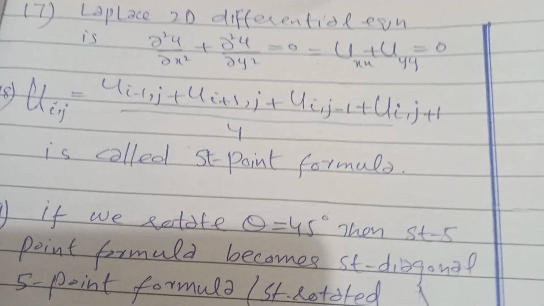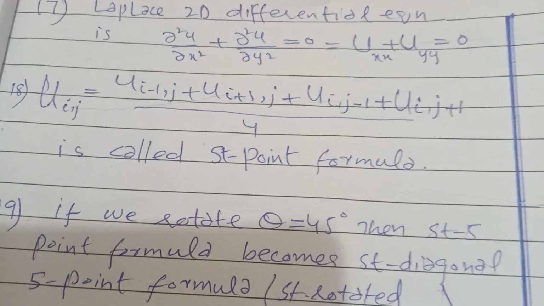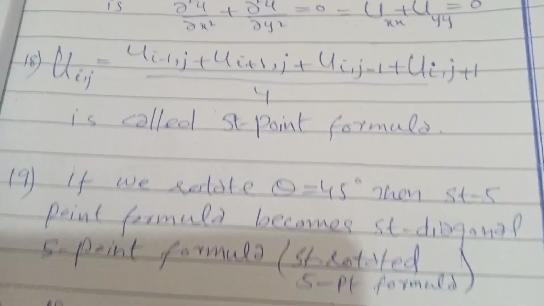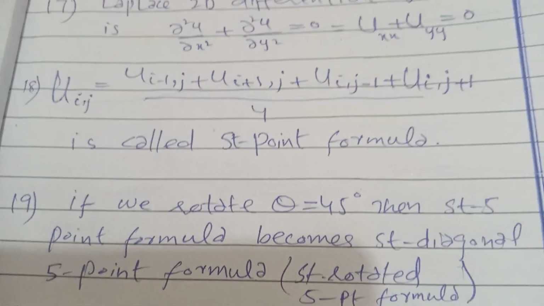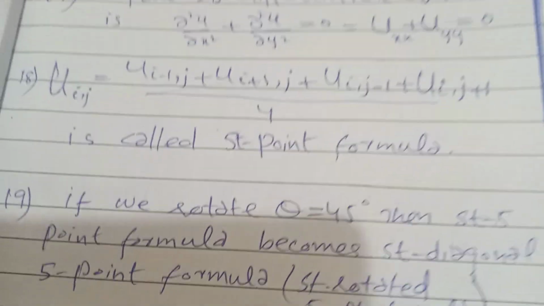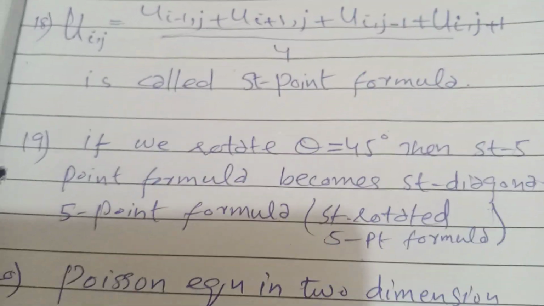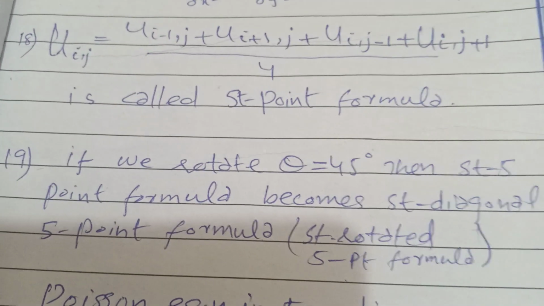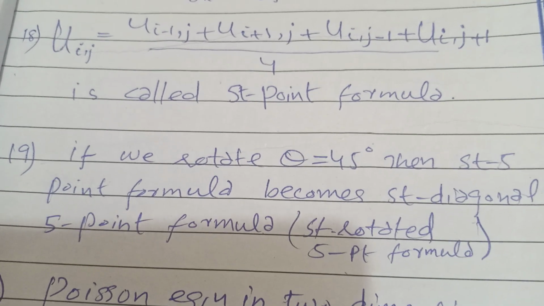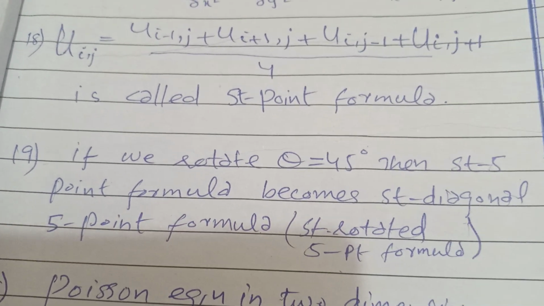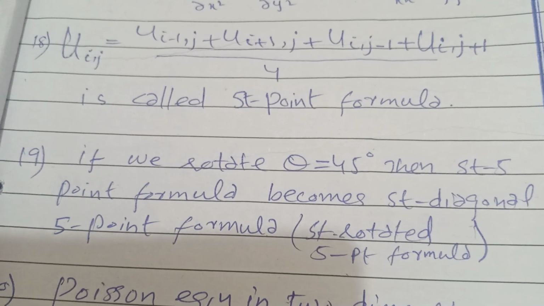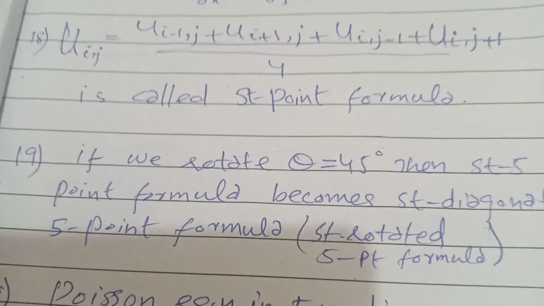Number next is, the Laplace second degree differential equation is partial square u by partial x square plus partial square u by partial y square equal to 0. It can also be written as u_xx plus u_yy equal to 0. Now u(i, j) equal to u(i-1, j) plus u(i+1, j) plus u(i, j-1) plus u(i, j+1) whole by 4.